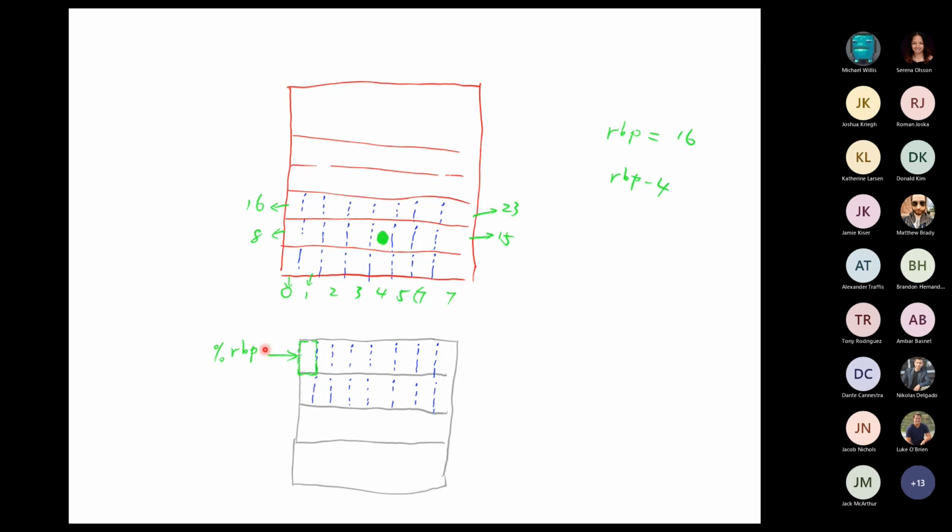And in our example, we don't know what exactly the RBP number is right now, but what we know is if we minus 4, where are we going to end up? It will be here, a similar dot.